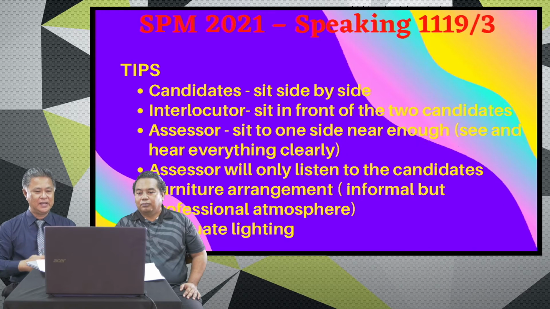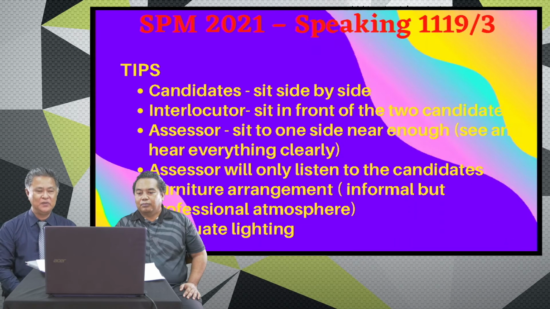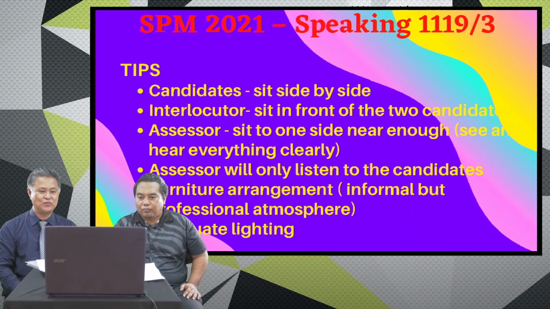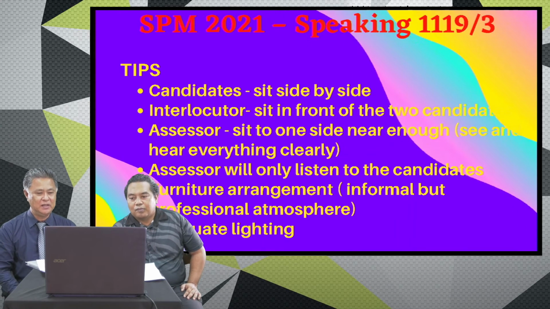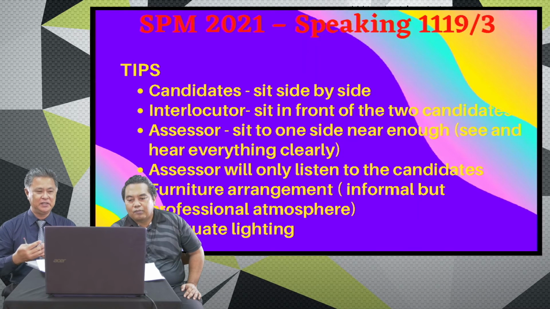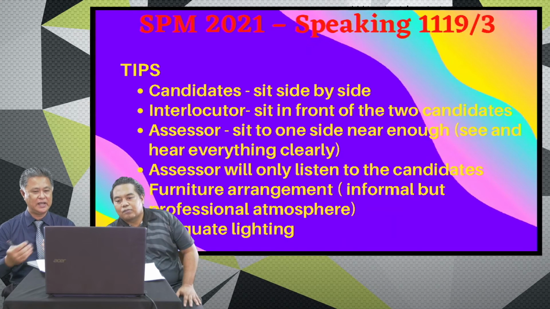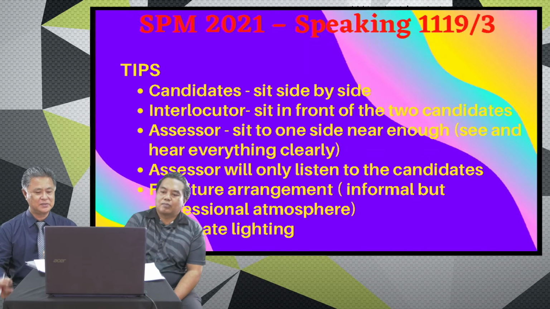The assessor will only listen to the candidates with no interference. Obviously, you have furniture arrangement that is informal but professional, and also adequate lighting for the assessors, the interlocutors, and the candidates.